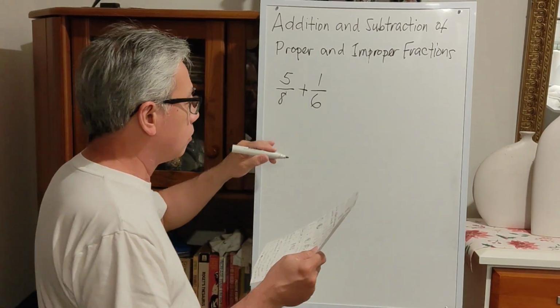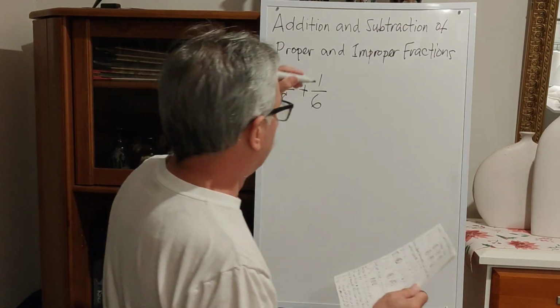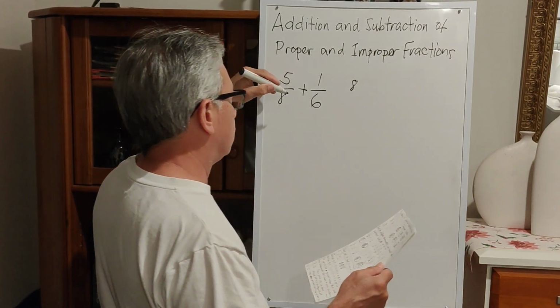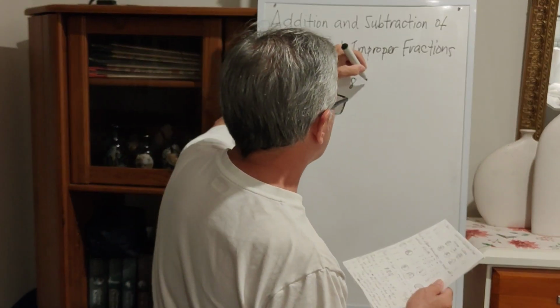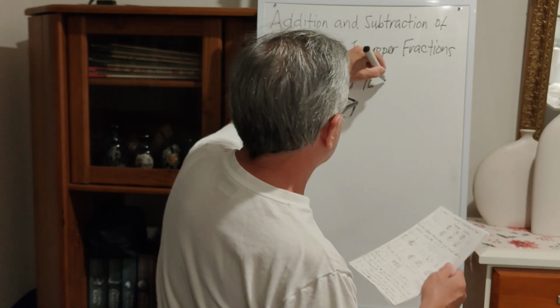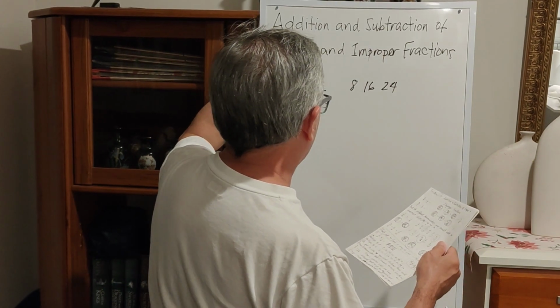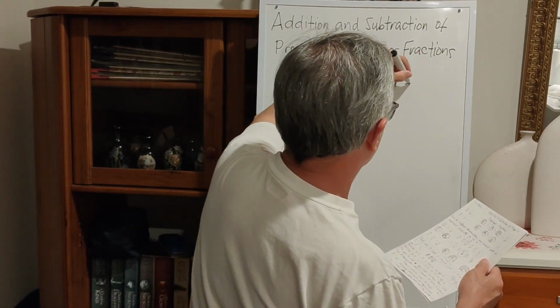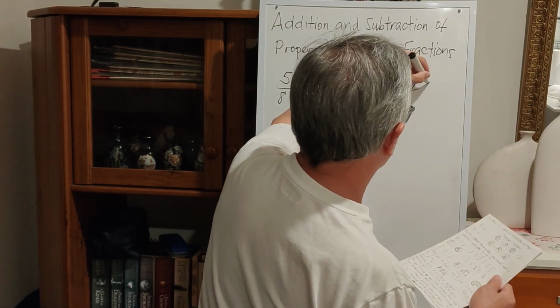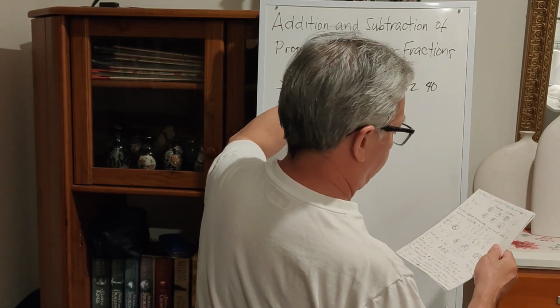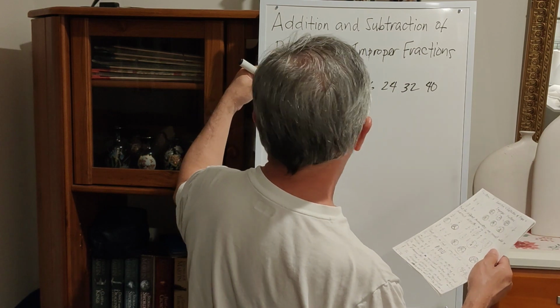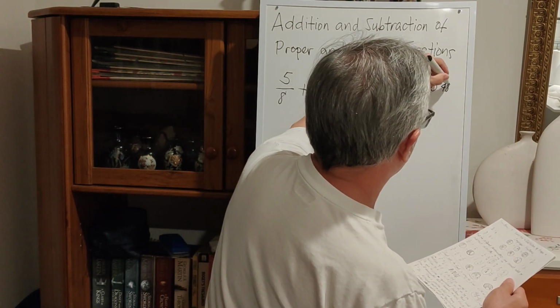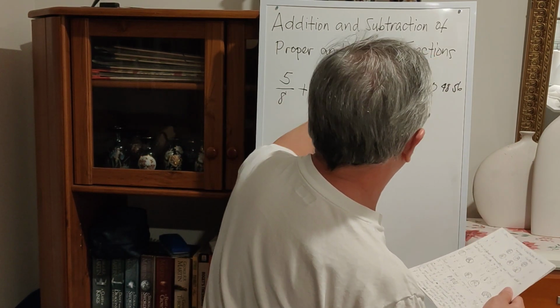So to get the multiples, for 8, 8 times 2 is 16, 8 times 3 is 24, 8 times 4 is 32, 8 times 5 is 40, 8 times 6 is 48, 8 times 7 is 56.